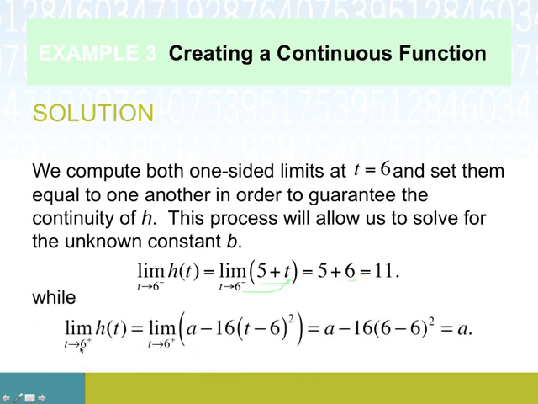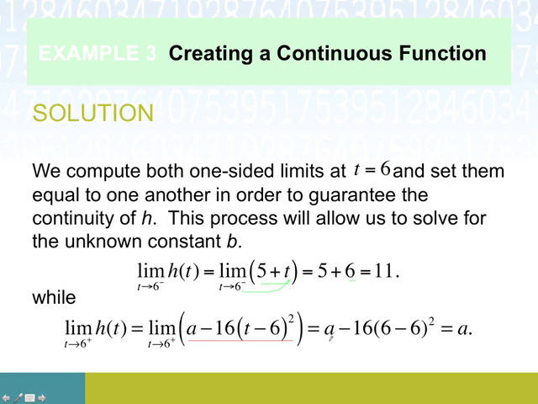From the right side, now again, we're approaching 6, but from the positive direction. H of t now looks like this other half of the definition. So instead of being the linear component, if we pick values of t that are greater than 6, this quadratic piece is who's in charge.